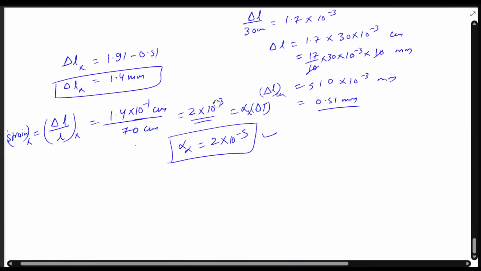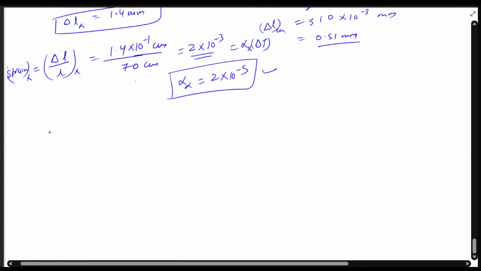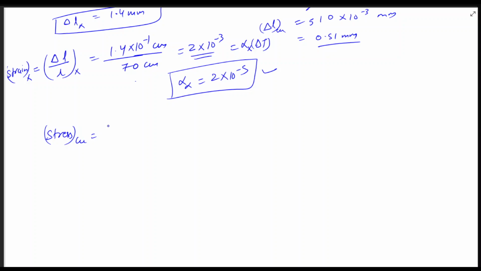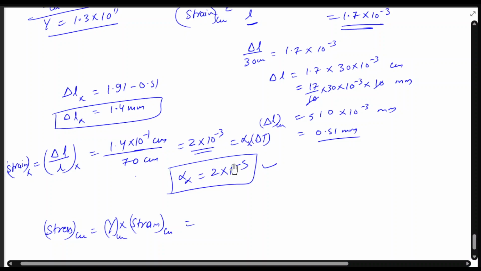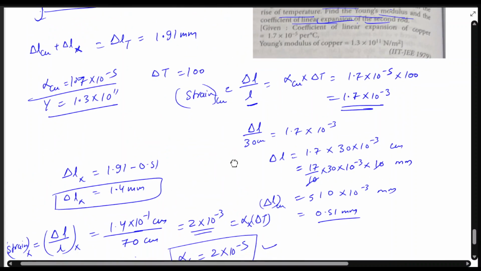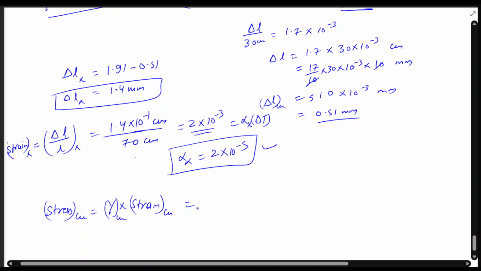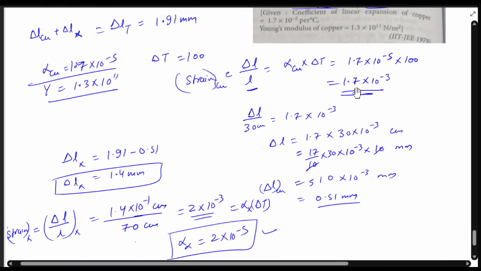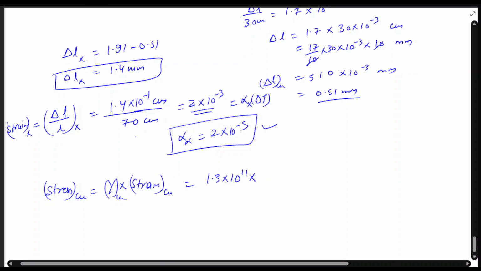First we'll find the stress in copper. It will be Y into the strain of copper. The Young's modulus of copper is given as 1.3 into 10 raised to power 11, and the strain of copper was 1.7 into 10 raised to power minus 3.